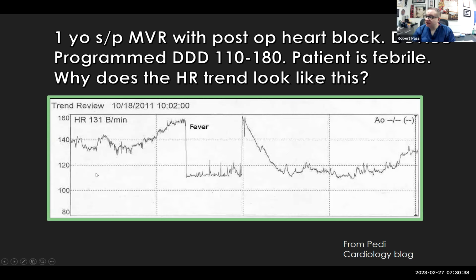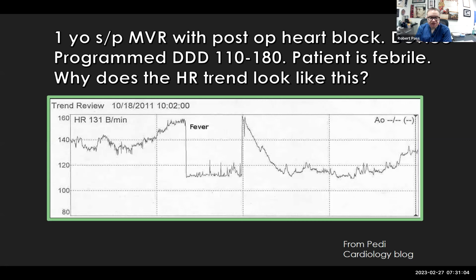So presumably on the second part, when it goes up, paradoxically, the atrial rate has fallen, allowing for one-to-one conduction. When patients have this happen with their permanent pacemaker, they describe a feeling of, shall we say, hitting the wall, typically with exercise. I used to have a patient who was a very competitive soccer player in high school, one of the better players in the state of New Jersey.